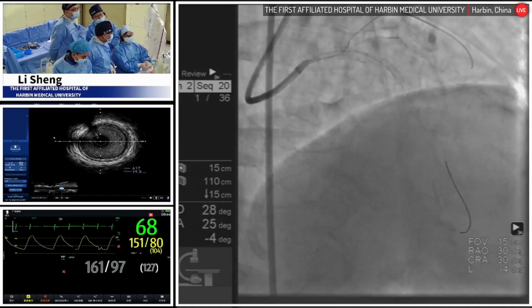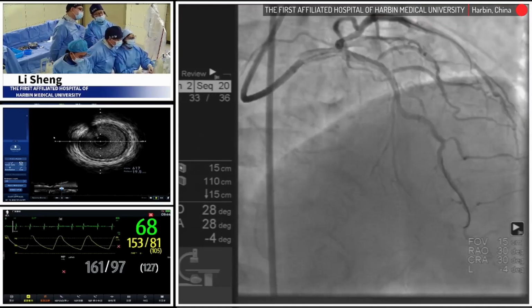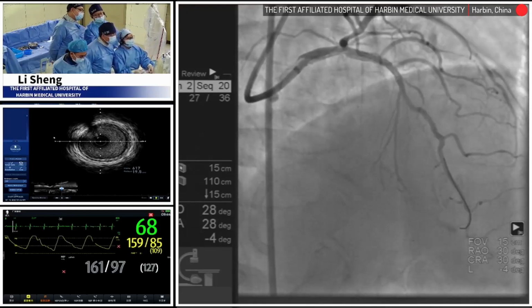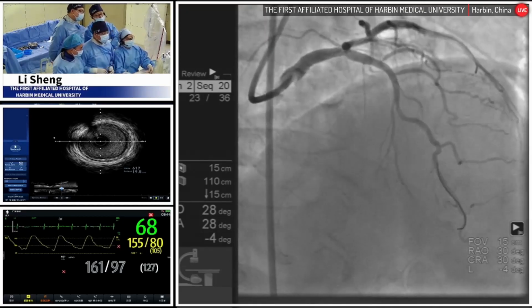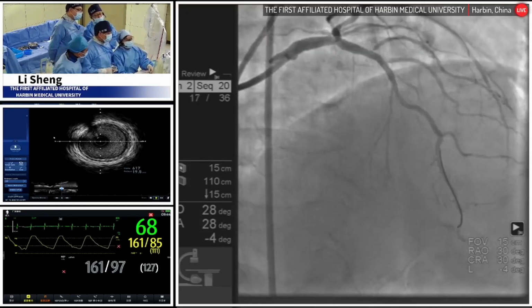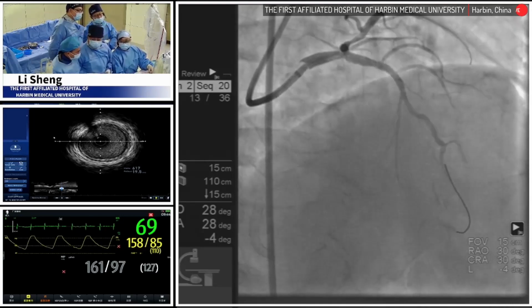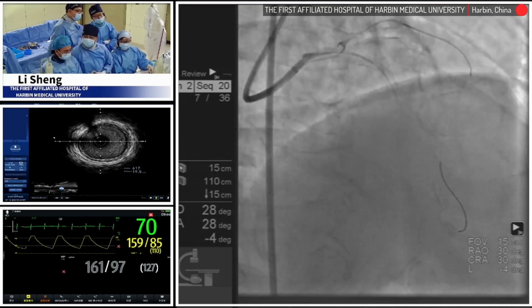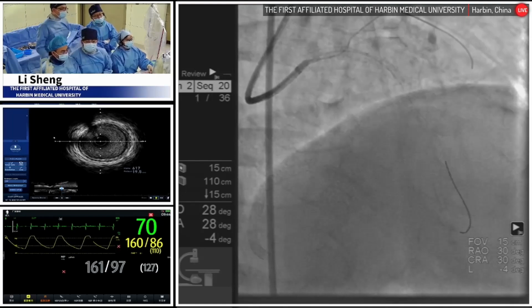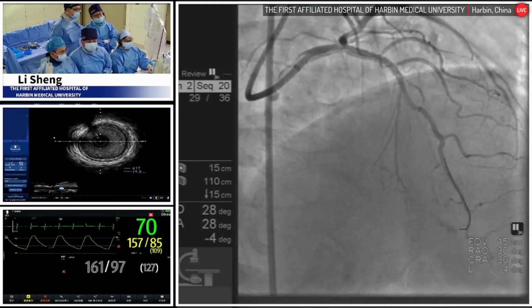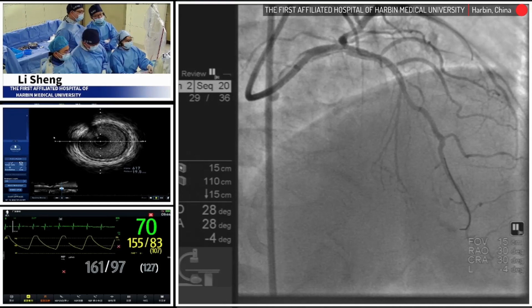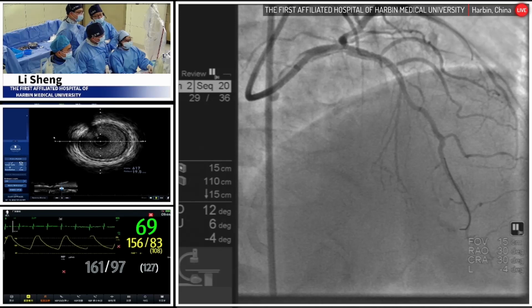So I think we could get a satisfied result by post dilation with a 3.5 NC balloon. If a stent is under expansion, we usually choose an NC balloon smaller than the stent with a very high pressure.